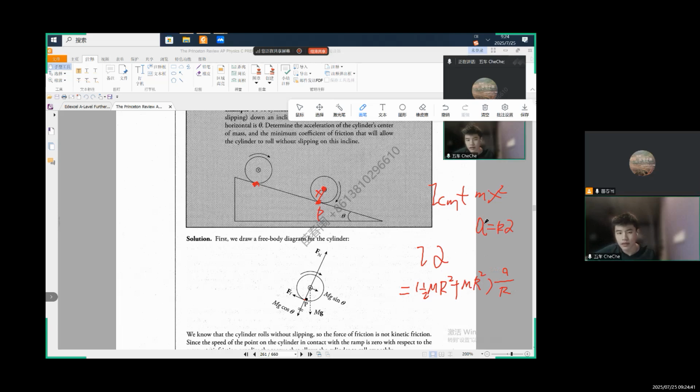We can prove this. This is required and not difficult to prove. And this side is mg sine theta, which is doing the torque, the total working torque, times the r. So that's one thing I can do. Does that make sense? So I can find a with this one.